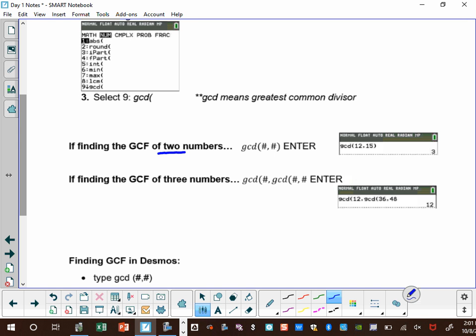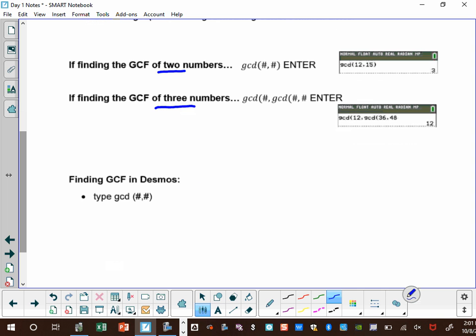If there's 3 numbers, you have to do it this weird way, like GCF of number, comma, GCF of number, which is what I like to avoid. If you have 3 numbers, use Desmos. Desmos is your friend for GCF. I will use it for everything.